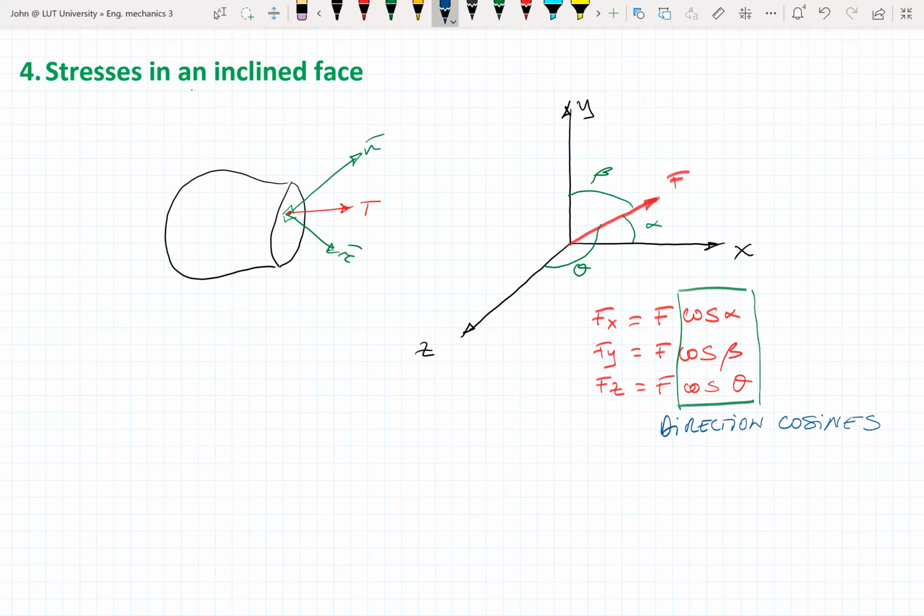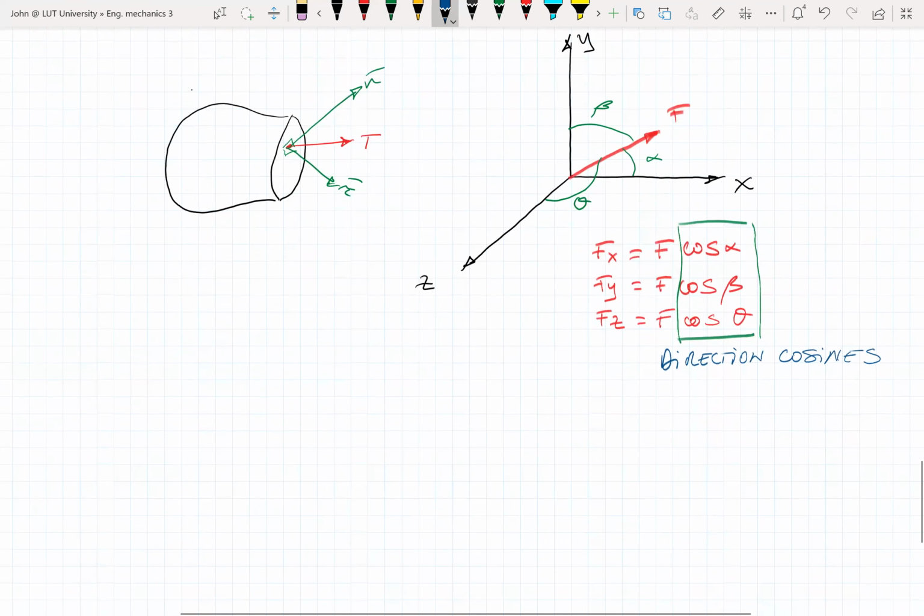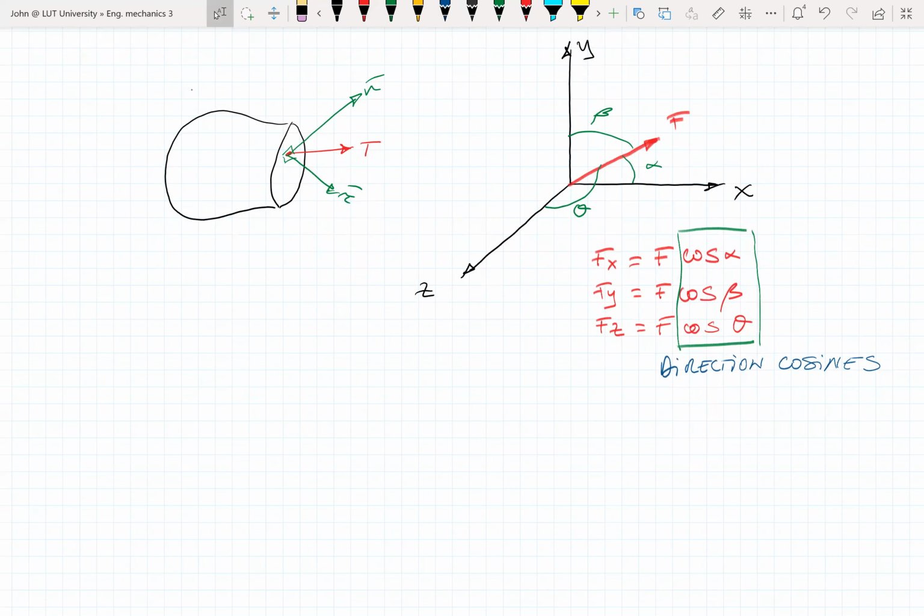To understand these direction cosines better, as a matter of definition, I will draw a unit vector, again, on a Cartesian coordinate system, because I want to come up with a way to simplify the writing of these direction cosines.